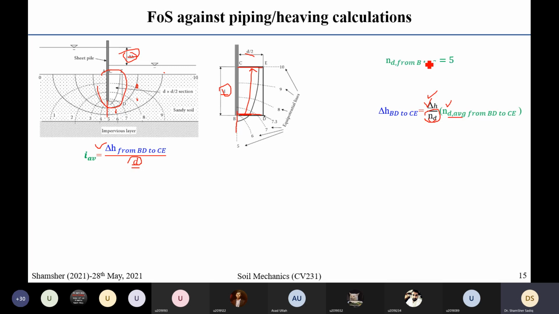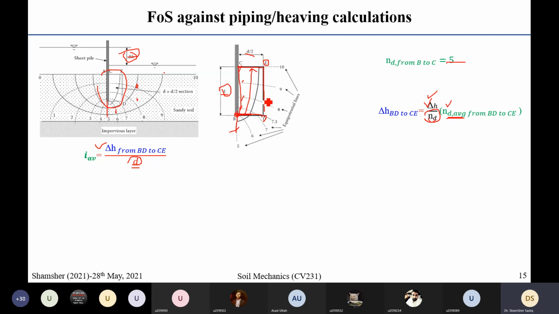So let's see the number of equipotential drops from B to C, from here to here. How many are these? 1, 2, 3, 4, and 5. So there are 5. Now let us calculate the equipotential drops on this face DE. Then I will take the average of the CE face and the DE face, and that will be n subscript d average for this entire wedge.